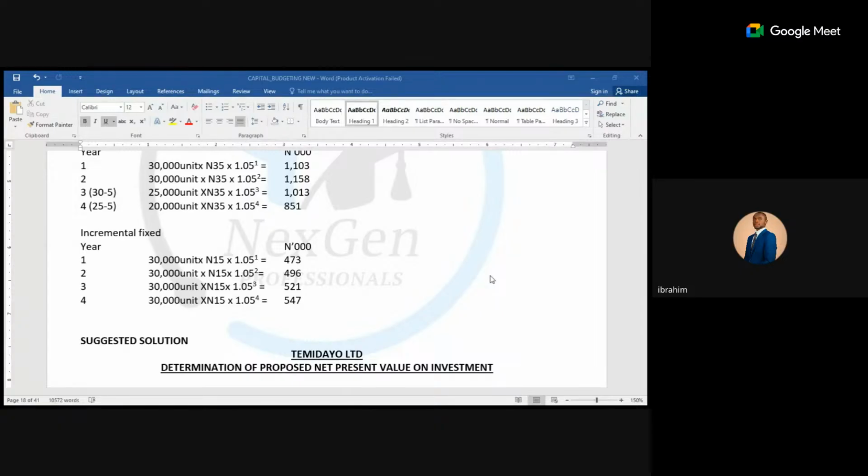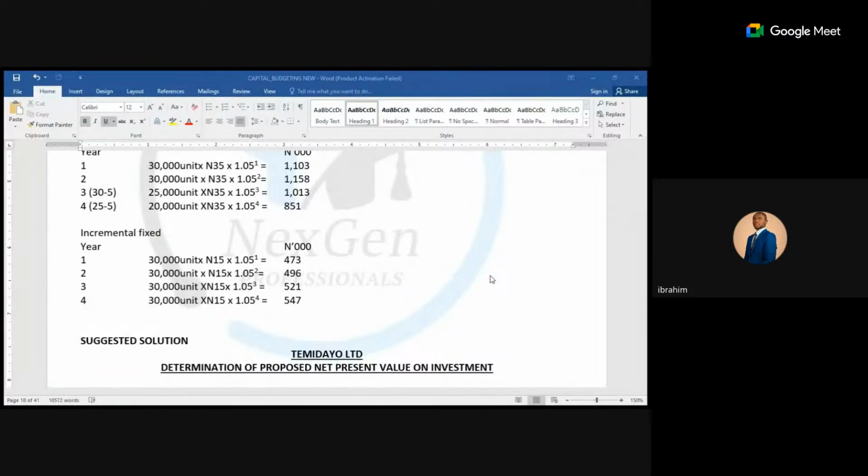Now, the incremental fixed cost, and you want to embark on a project. Let's go practical. You want to embark on a project now, and you have to incur a cost. Let's say rent. Rent is a fixed cost, unless stated otherwise.